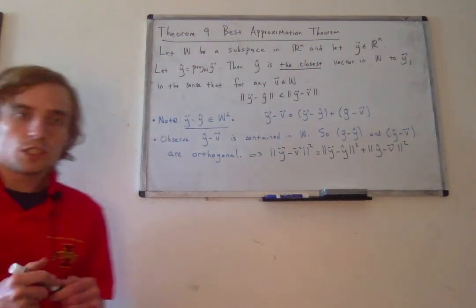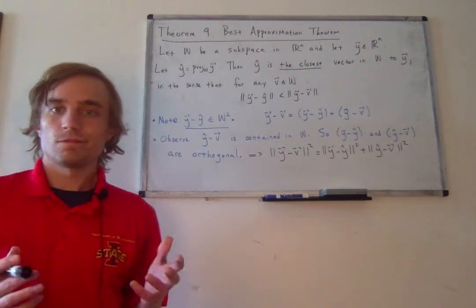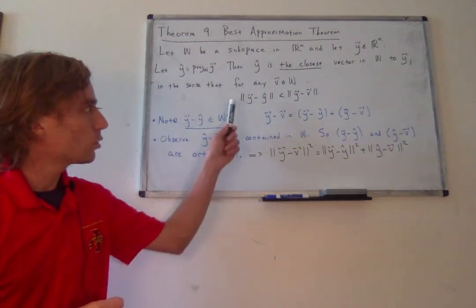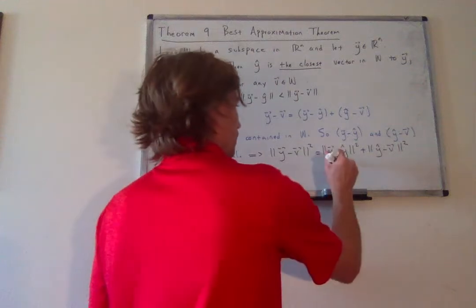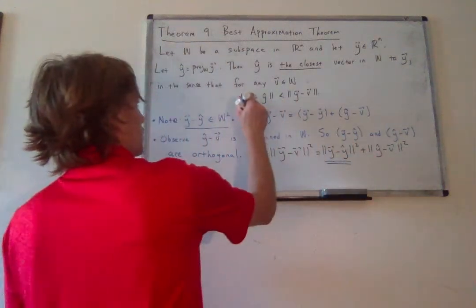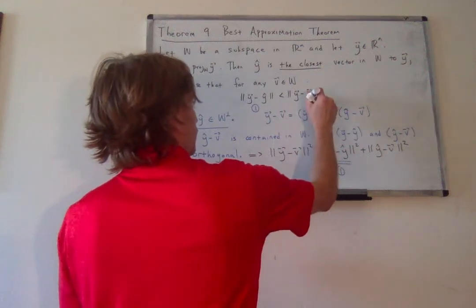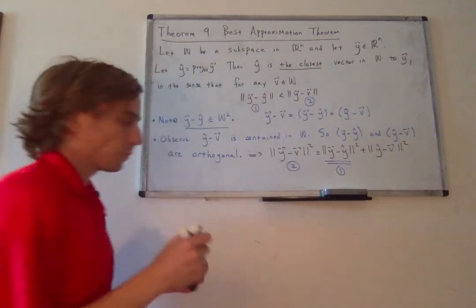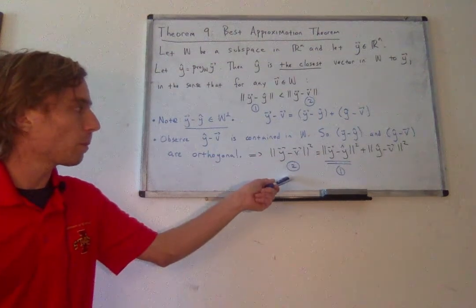But this actually just proves the theorem outright. Why is that? Well, what are we trying to show? We're trying to show that the value of this vector, which I'll call 1, is less than the value of this vector, which I'll call 2.